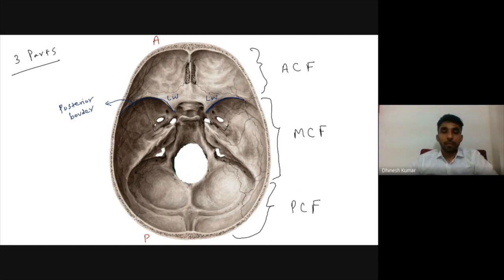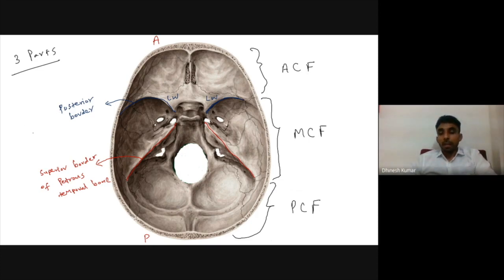Fine. Now coming to the demarcation between middle and posterior cranial fossa. This is the superior border of the petrous temporal bone, that forms the boundary or demarcation between middle cranial fossa and posterior cranial fossa.